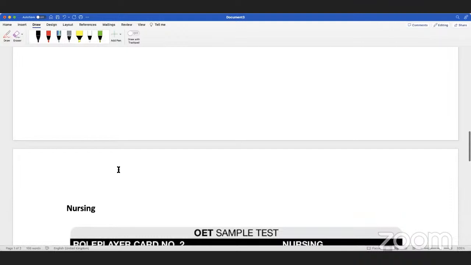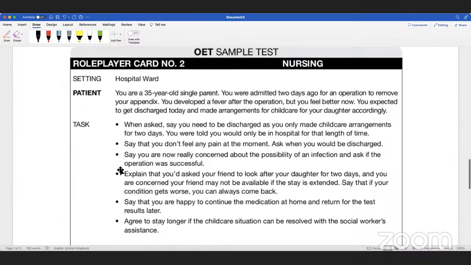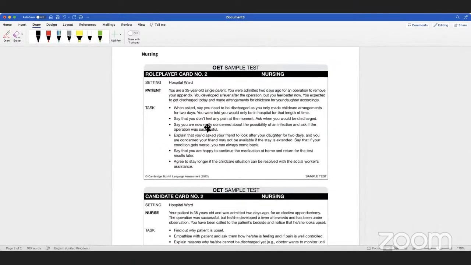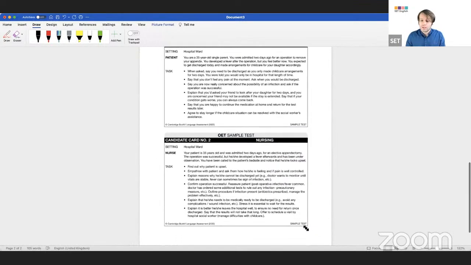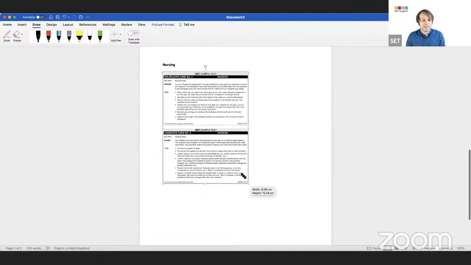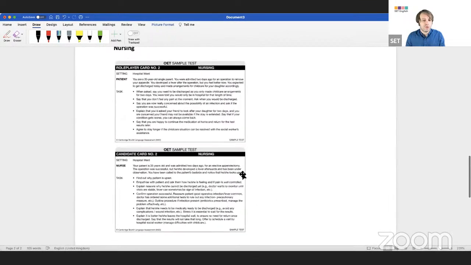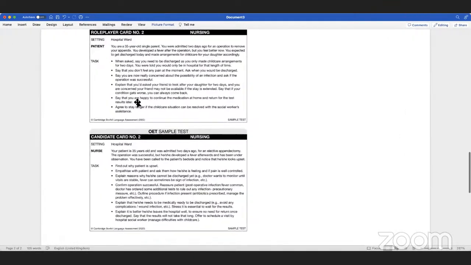Appendix. Okay, let's have a look. Is this the one? You're a 35-year-old parent. Yes, this one. Okay. So what I'm going to do today, guys, is you can practice this card, or you can practice any card you want, actually. Which one would you like to practice, guys? This one or a new one? It's your choice.